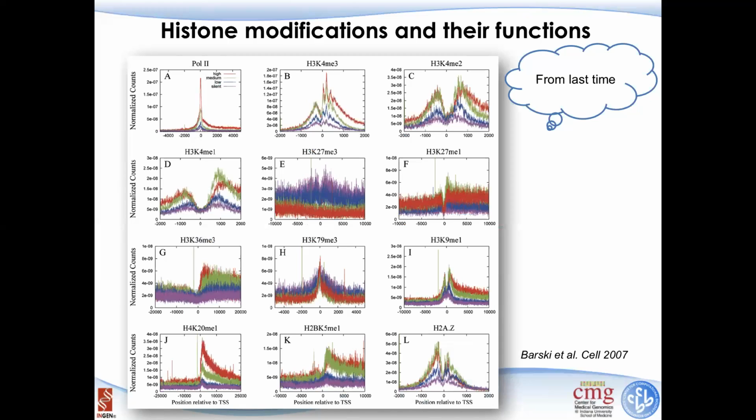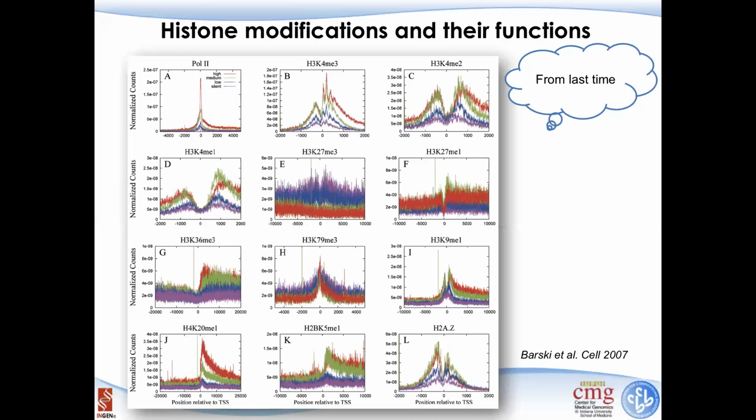They separated the genes into 4 groups: highly expressed, medium expressed, low expressed, or silent genes. Not a surprise, Pol II is correlated with those 4 groups. The highly expressed genes have a high signal of Pol II. We also find H3K4 trimethylation correlated with this.